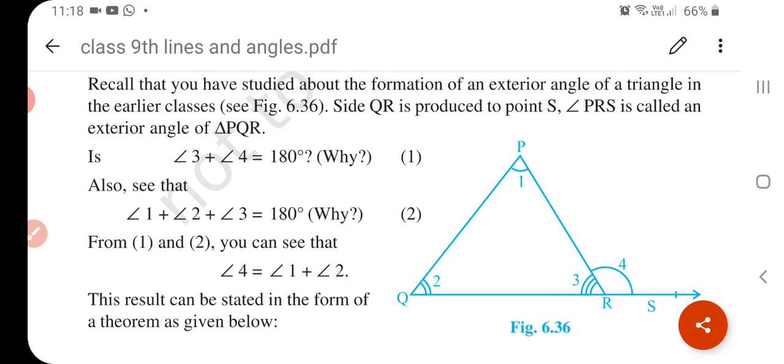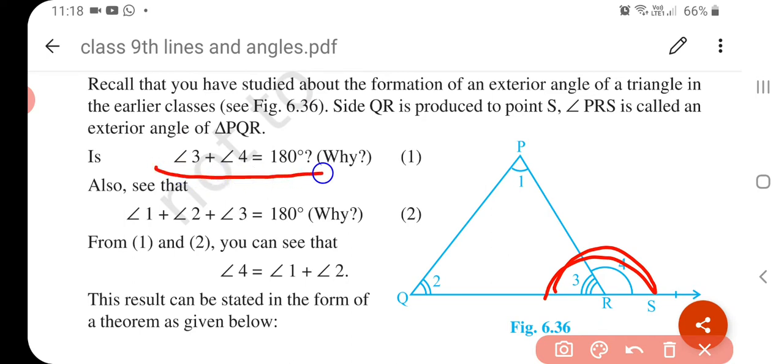Now angle 3 plus 4 becomes a linear pair because they are on a straight line, so it becomes 180 degrees. So we can write angle 3 plus angle 4 is equal to 180 degrees, because they are a linear pair.